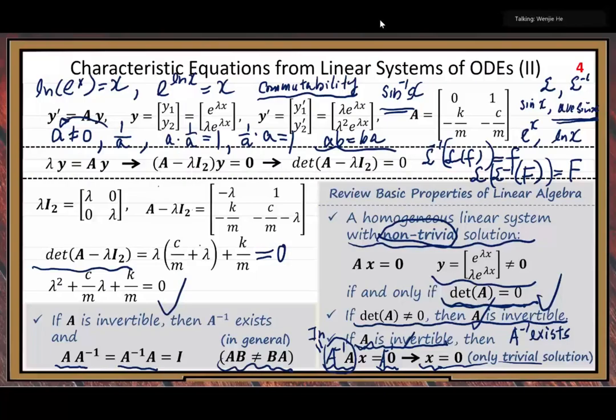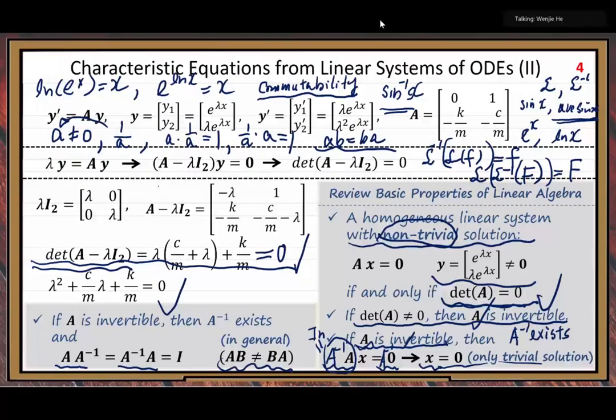Then, when you move to the linear system context, you get the determinant of this coefficient matrix equals 0. And this equation we call the characteristic equation of the matrix version of the linear ODE.